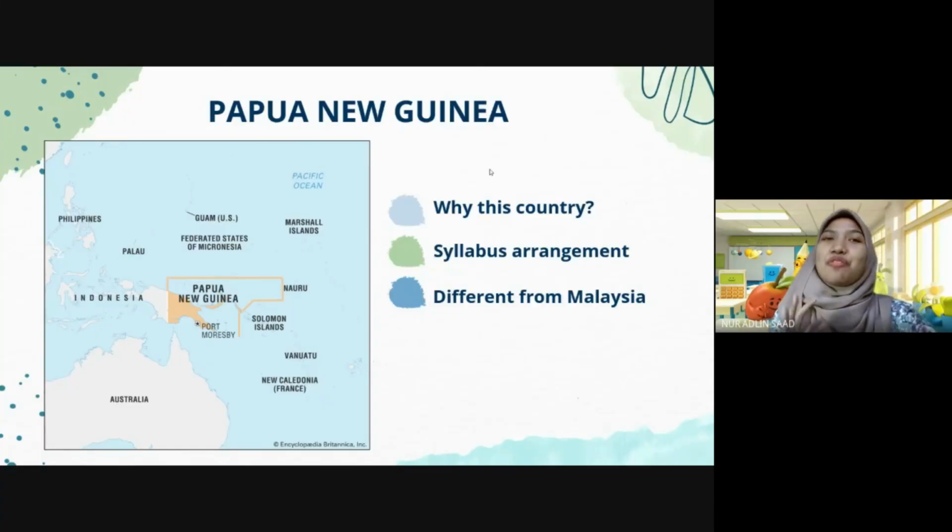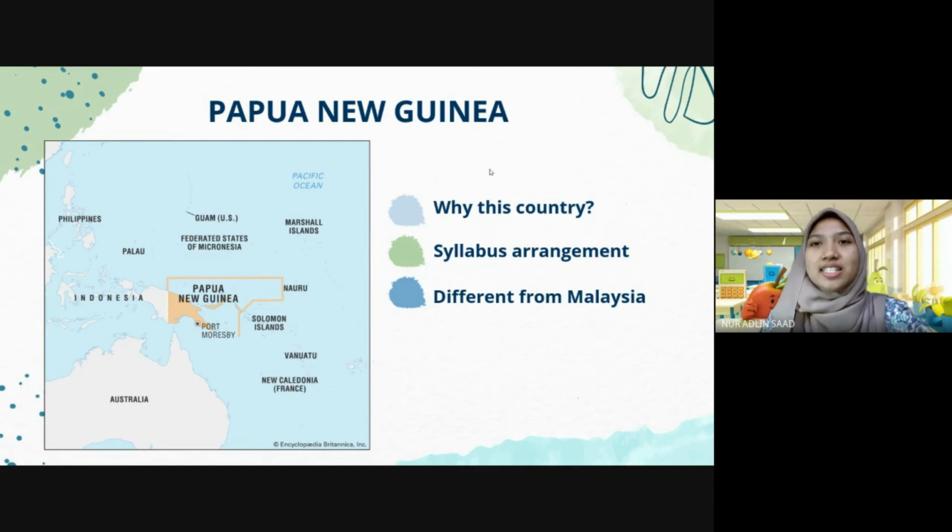So now everyone knows why I chose this country, right? I chose this country because I would like to open our eyes and our minds to think that this country also has its own curriculum and education. Some of us sometimes overthink that they do not get a good education because they lack a lot of things, for example facilities.